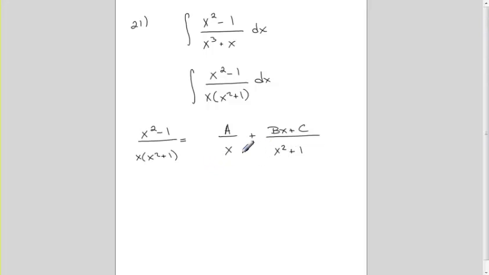Now, like we did with distinct linear factors, if you only have 2, you can cross-multiply these 2 to get the final result, and that'll give you the same common denominator. So we would take x squared minus 1 is equal to a times x squared plus 1 plus x, which is this denominator, times bx plus c.